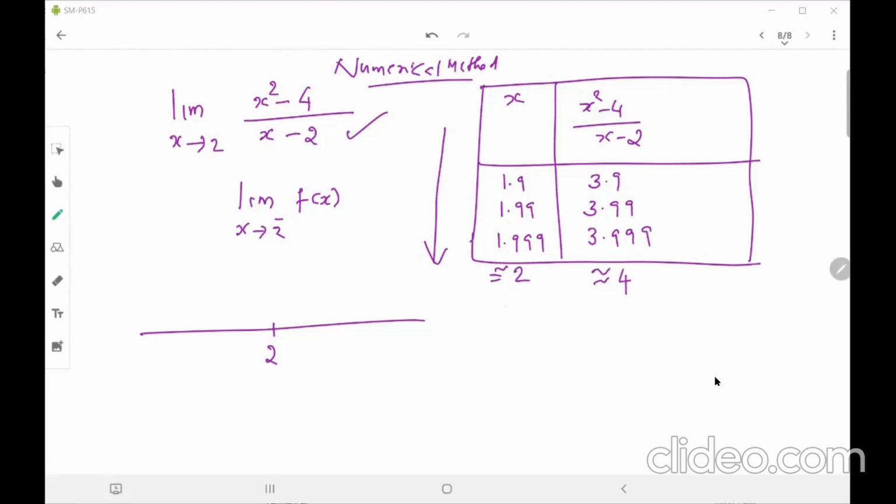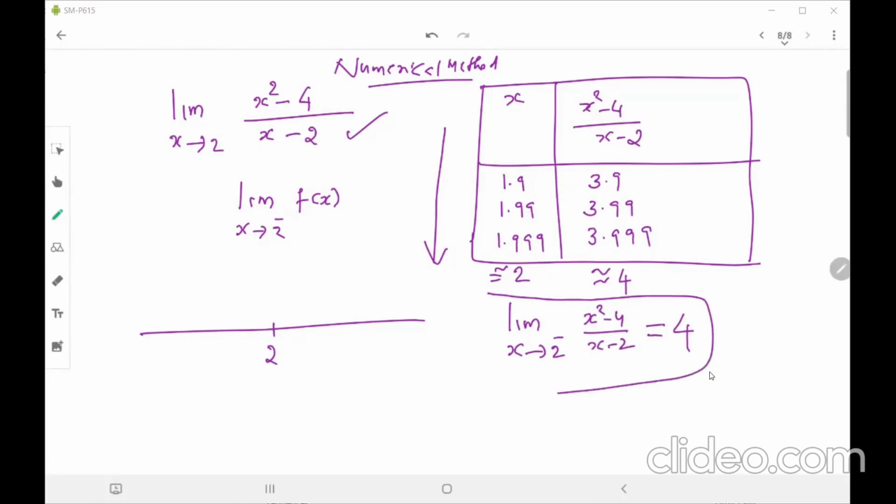So from this, what I conclude is when x is moving to 2 from the left side, the value of the function x square minus 4 by x minus 2 is moving to the point 4. So I can say the left limit is equal to 4.